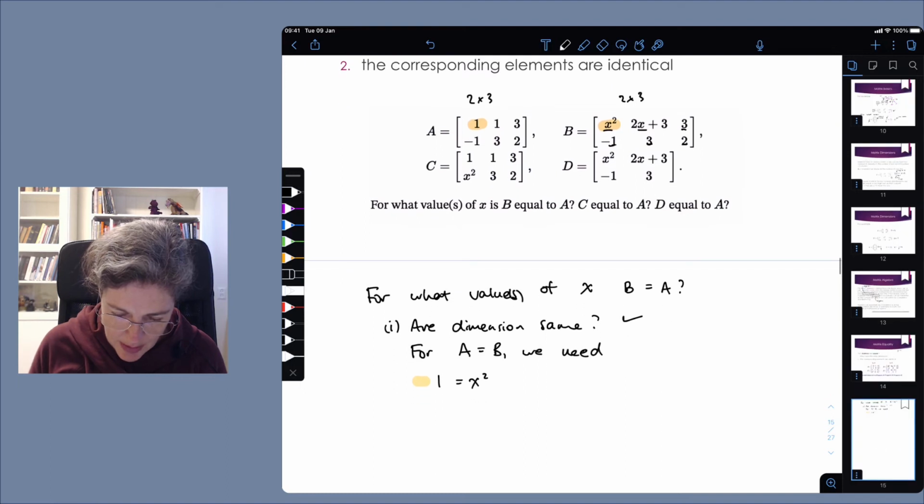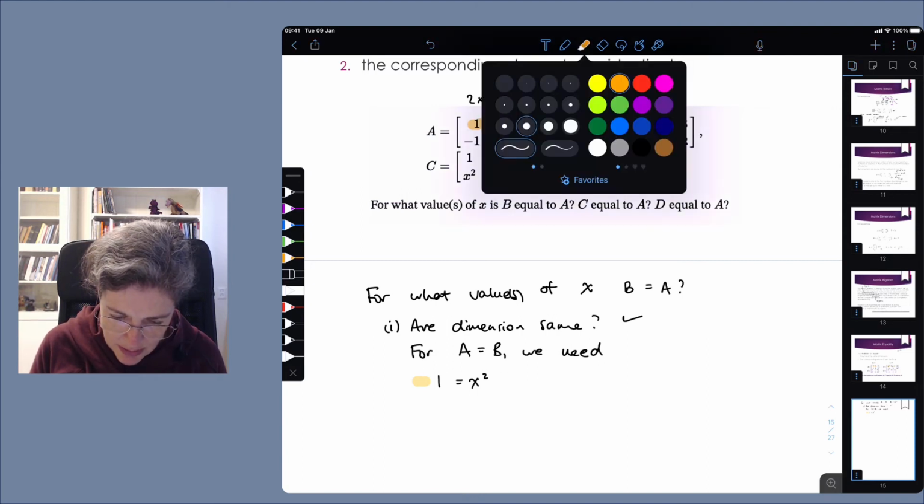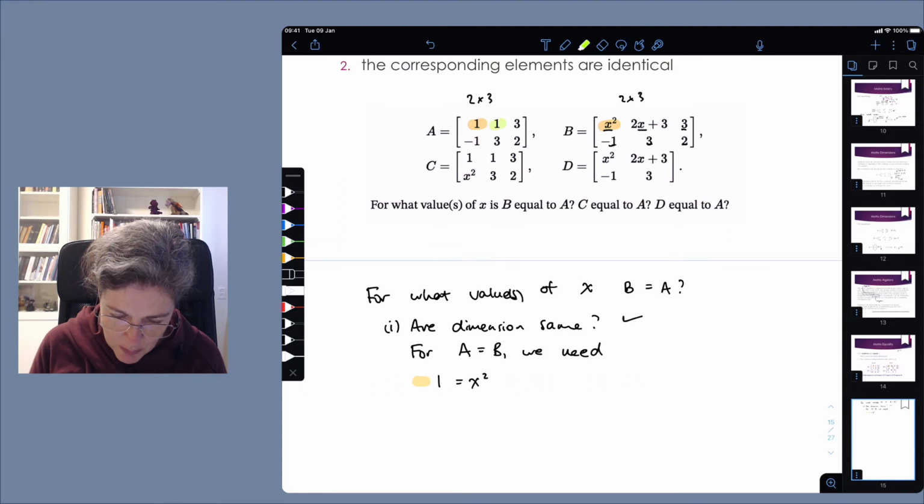Then the next thing we need is that our 1 is equal to 2x plus 3. So actually, let's use a different color for that. Sorry, 2x plus 3. And we keep going.